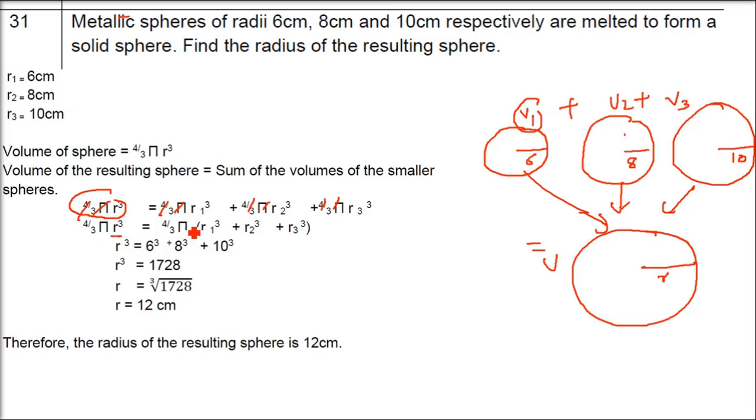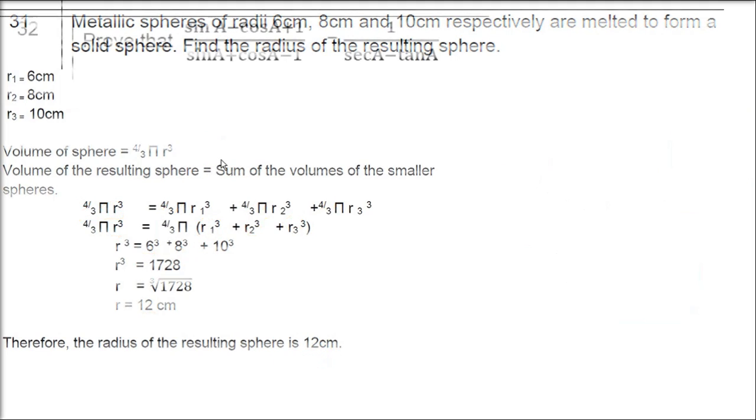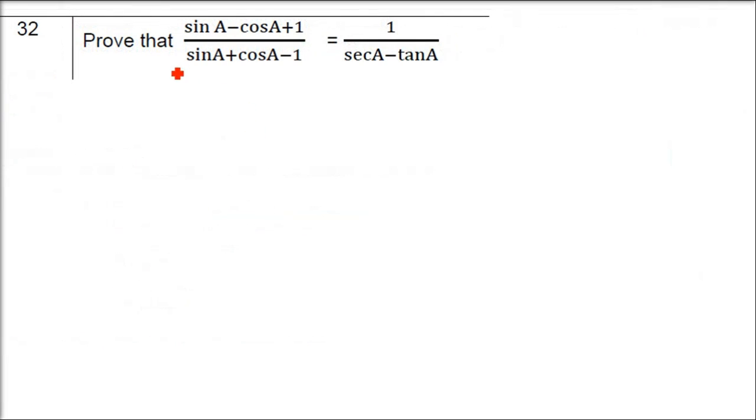So r cube equals r1 cube, that is 6 cube, plus r2 cube, 8 cube, plus r3 cube, 10 cube. You have to find the cube root. If you don't want to, you can just take the factors and combine 3 and multiply them. 12 will come, 12 centimeter.